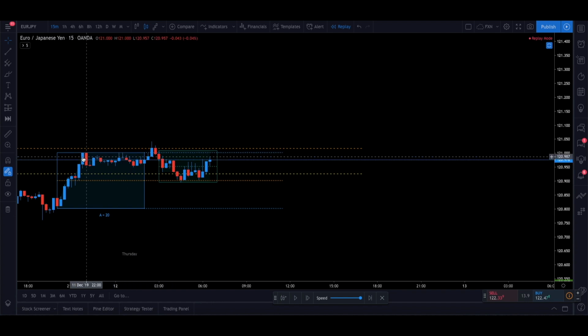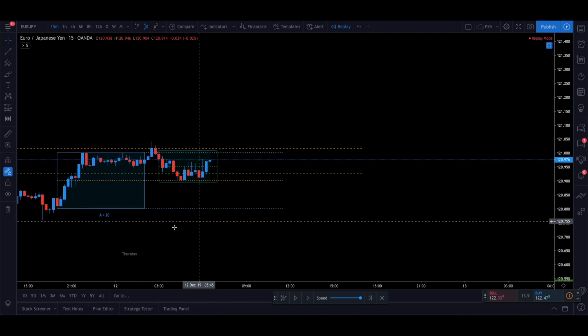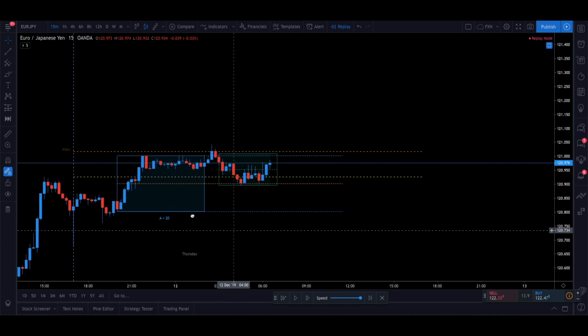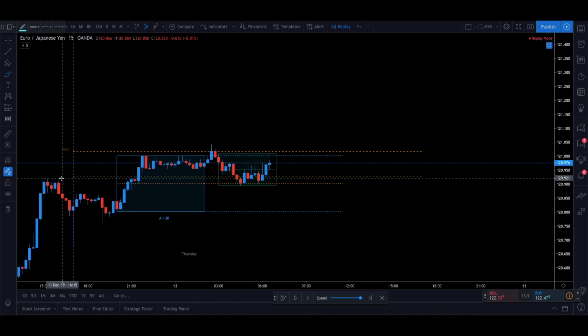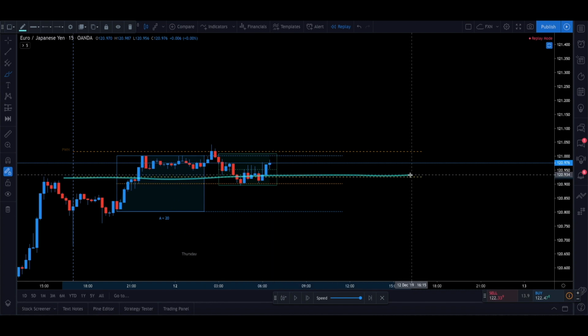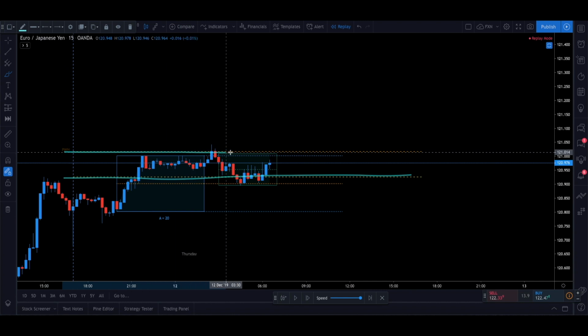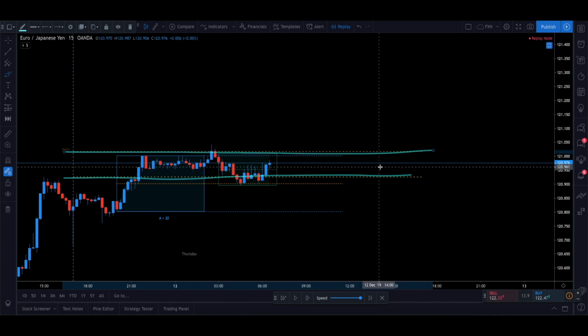We start from the Asian range, which is about 20 pips. And just so there's no confusion, this yellow line here is yesterday's high. This is last week's high. Okay? Just so there's no confusion.